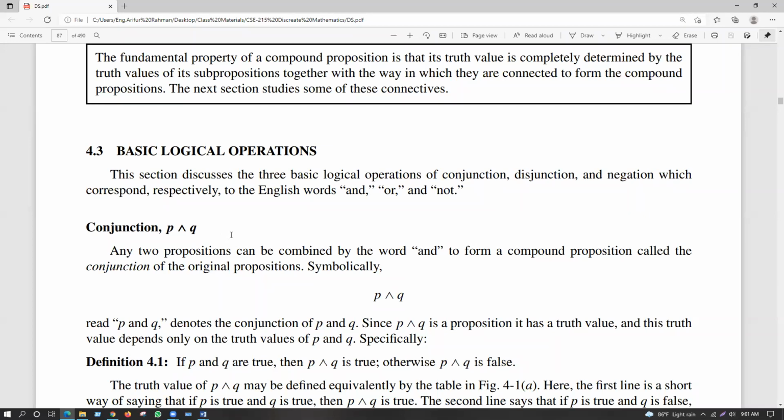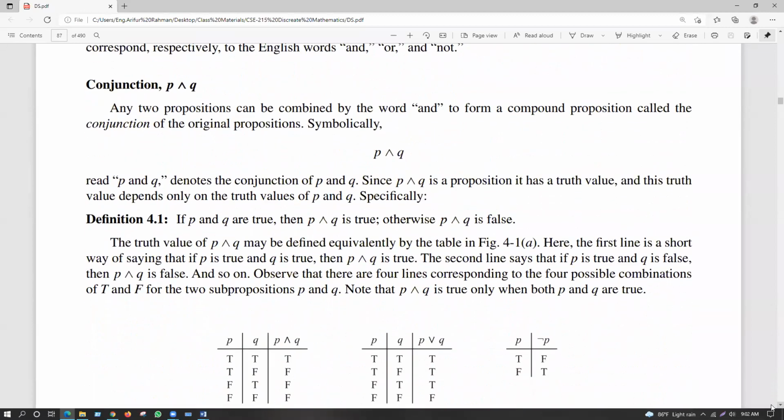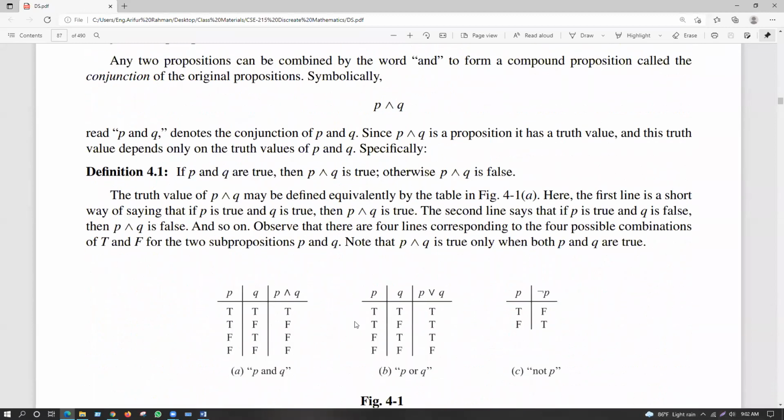P and Q are some statements. So P conjunction Q, P and Q. That's the truth table. That means P and Q is only true when both statements are true. Otherwise false.